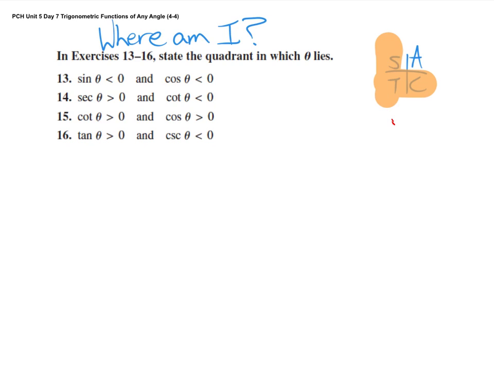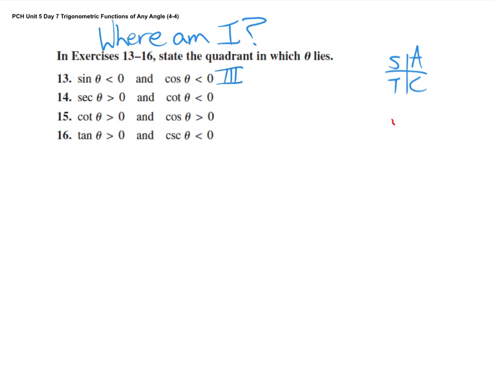Cosine is negative here and here. So, I must be in the third quadrant. That wasn't as useful as I thought it was going to be. I can't get rid of it now. There we go. All right, so this is quadrant 3.